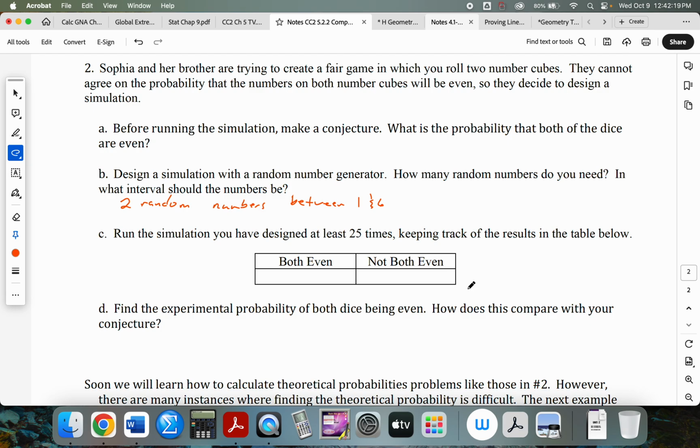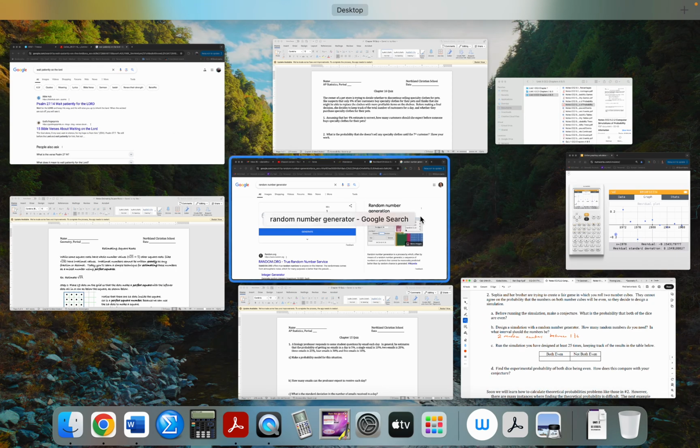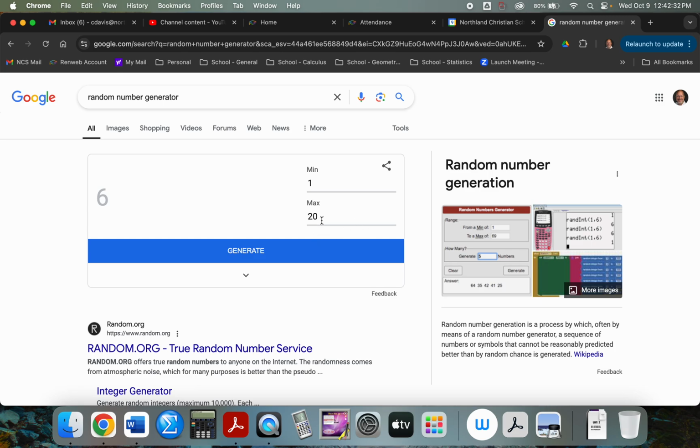All right. So this time we're only going to do it 25 times because this takes a little bit longer, because you're having to generate 2 different numbers. So let me show you what it's going to look like. I'm going to go from 1 to 6, and I'm going to generate, generate. Were they both even?